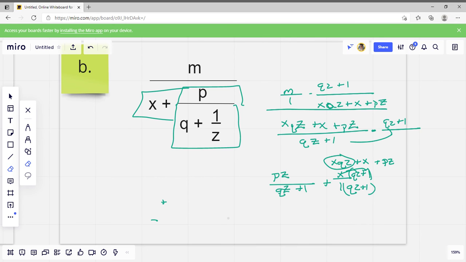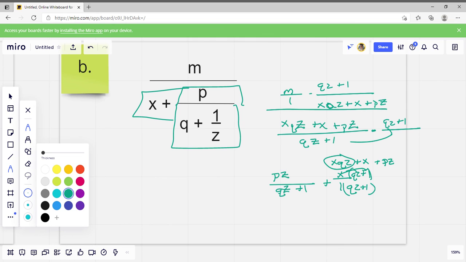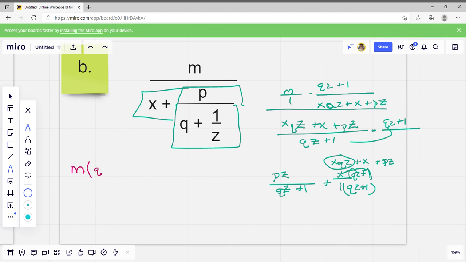I'll write it out for you if I can get a spot here. So it would be M times QZ plus 1 over XQZ plus X plus PZ.